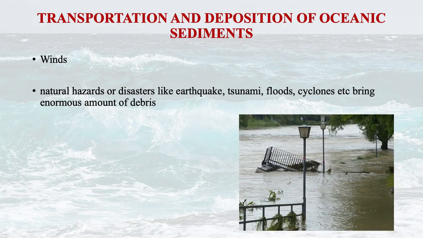So you might see that inorganic deposits are not only found along the coastal areas, but they are deposited along the mid-oceanic areas also. And sometimes natural hazards or disasters like earthquakes, tsunami, floods, cyclones, etc., bring an enormous amount of debris and deposit it in the oceans. So in this way, oceanic deposits are transported to different portions.